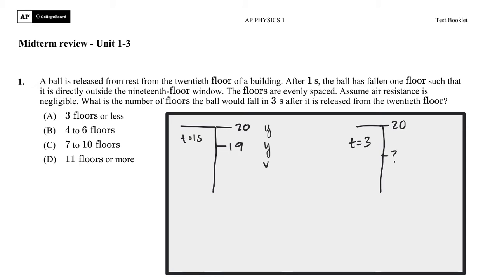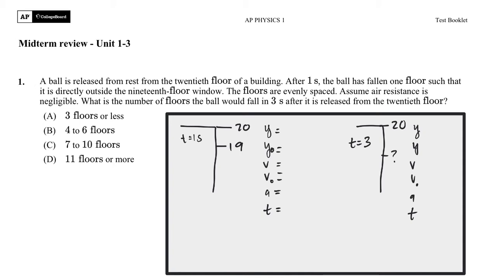So that means I need 2 toolboxes, so y, v naught, acceleration, time, and then y, v naught, acceleration, time. So if I were to fill out the first one, my units are not going to be in meters, they're going to be in floors.